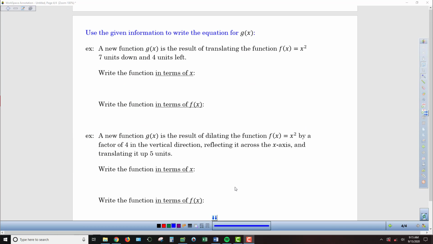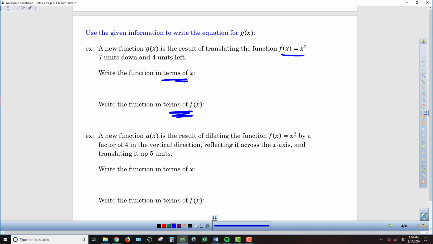The last thing I wanted to revisit was something that we did with the absolute value functions, where we're taking some information that's given to us about our parent graph, our parent function f of x, that we have some new function g of x that's the result of some transformations being applied to that original function. Then we have our two ways of writing the function, in terms of x and then in terms of f of x.